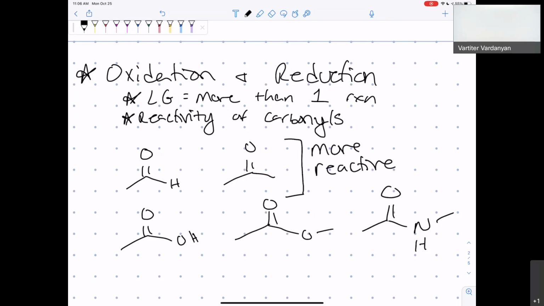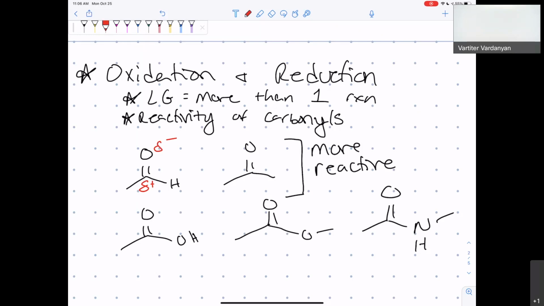There are two answers. The CH3, what about it? Yeah, it is an electron donating group, but what else? Cool, okay. When we're talking about reactivity of carbonyls, we're looking for a partial positive and a partial negative.